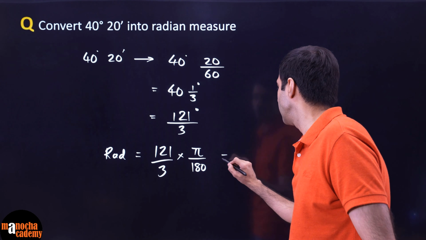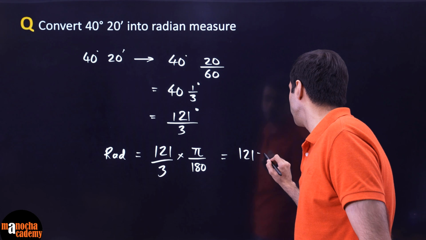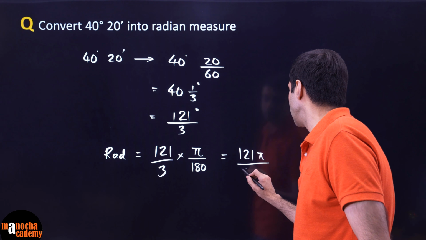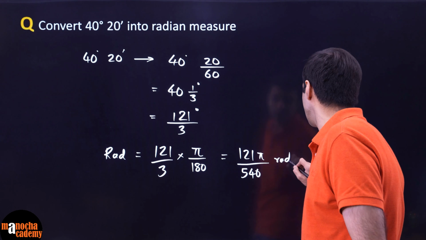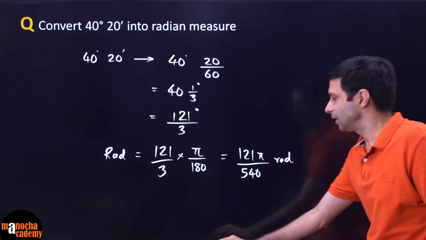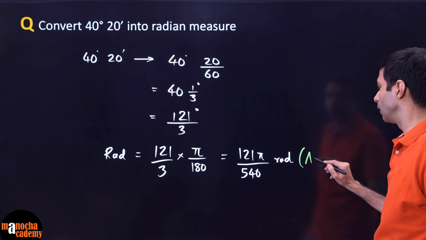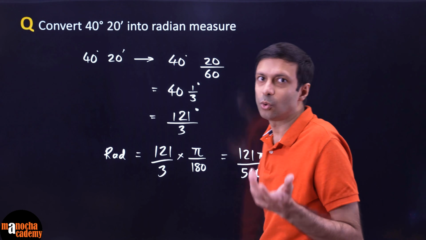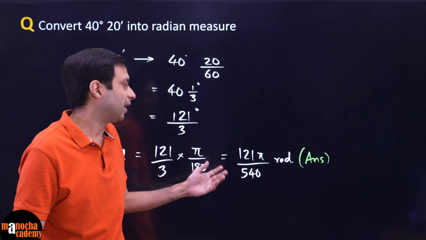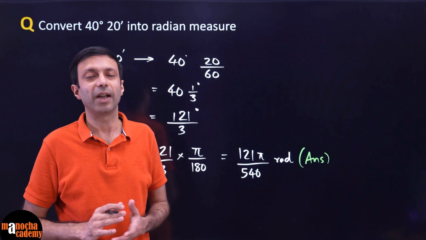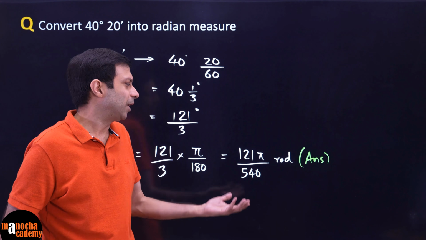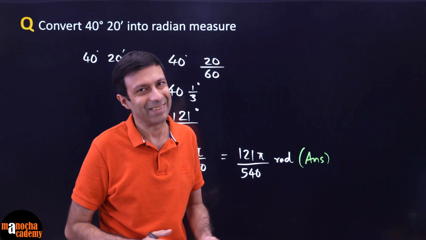So what is the answer going to be, guys? It's going to be 121 pi by 540 radians, or I'll write just rad in short. That is our final answer over here. Now once again, you can convert it to a decimal if you want. So if you substitute pi as 22 by 7, you can find the final answer in decimal also, but you can leave it like this if it's not needed.